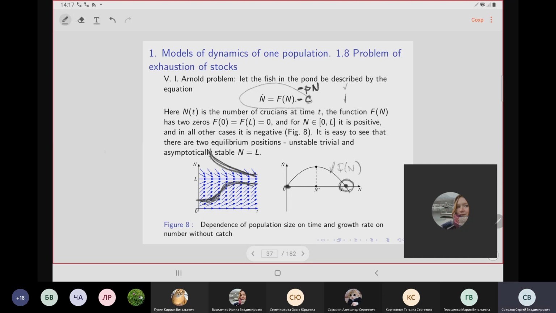Okay, let's try to analyze it. Let us see. First of all, we see the shape of our function f of n. We see that it is at maximum when n equals n star.